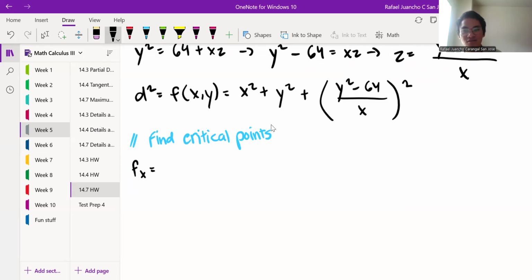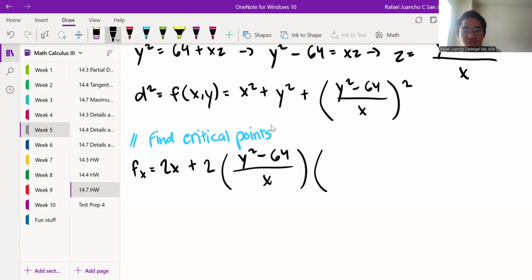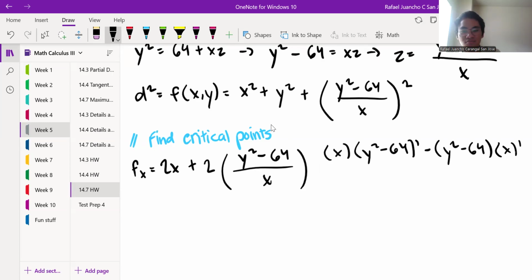I got 2x, plus the 2 of whatever's inside times whatever's inside, and I do a chain rule of this thing. So I do my quotient rule, low derivative of high minus high derivative of low, over low squared. So x squared.